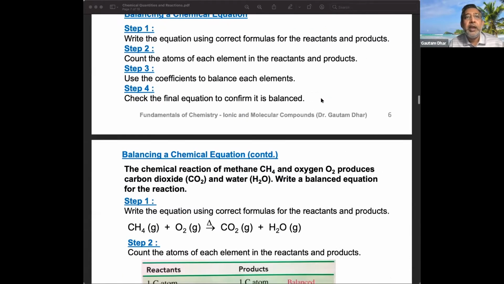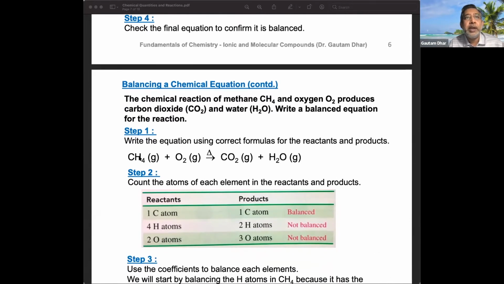Like if you look at this example here, CH4 plus oxygen. So we have two reactants and two products, carbon dioxide and water. Now, if you count the number of carbon atoms, you have one carbon atom on both the left and right.